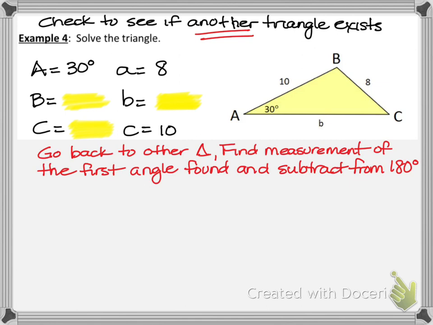Okay? So go back to the other triangle, find the measurement of the first angle you found, and subtract it from 180.